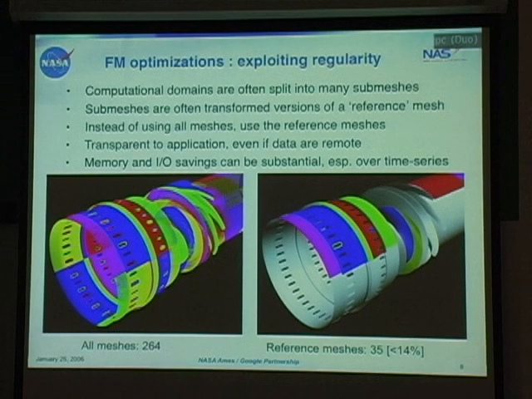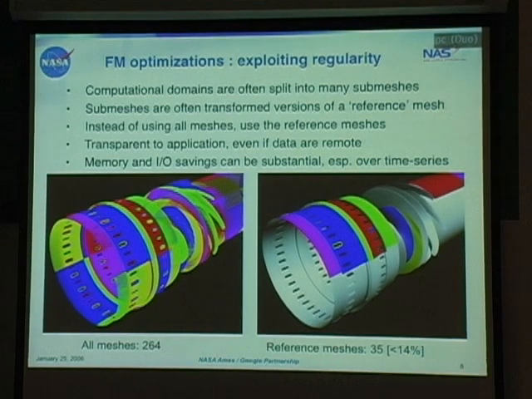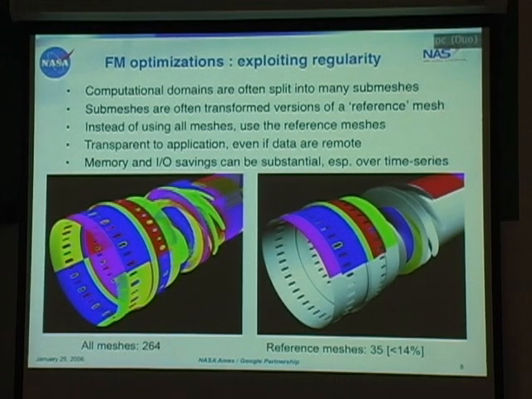This greatly lessens the memory load and the I/O. And this benefit is especially prominent in time series. So we can load the set of reference meshes for the first time step and then use that for all subsequent time steps, and get even a bigger win.